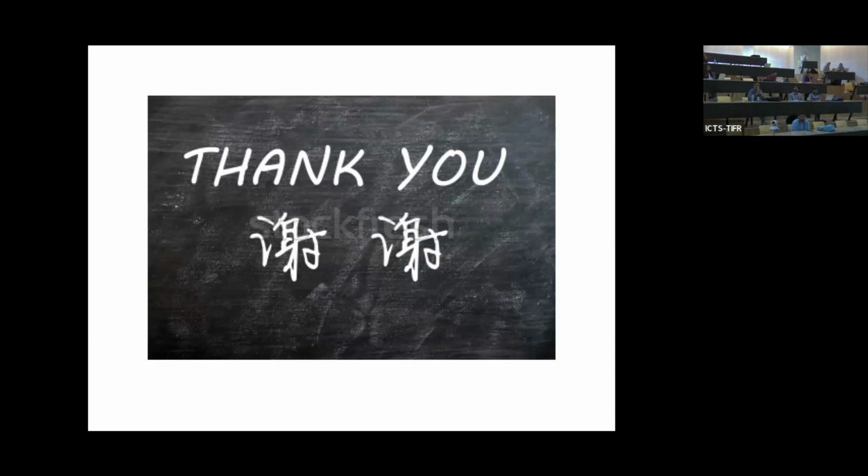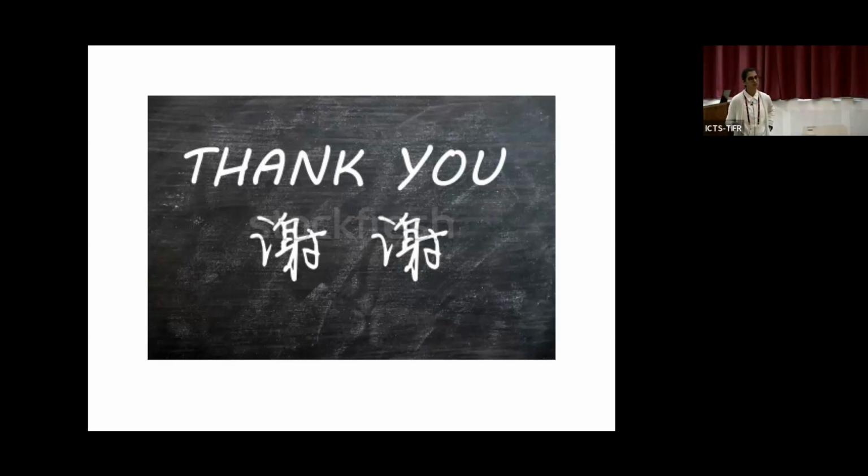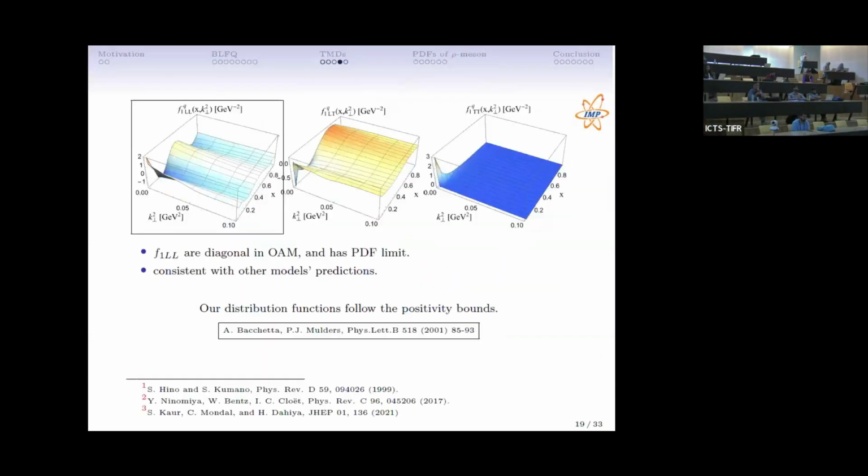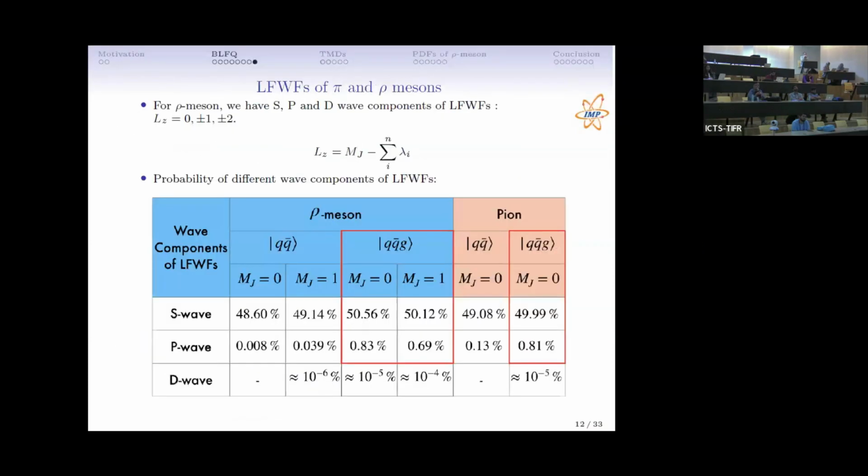For pion and rho meson, in both cases, the subleading Fock sector is actually your dominating Fock sector, right? Yeah, so that is not subleading. Basically, when you include the gluon, that component is more than your two quark anti-quark states. Yes, see that the QQ bar G has more than 50% contribution, right?